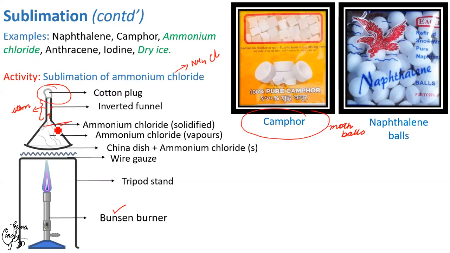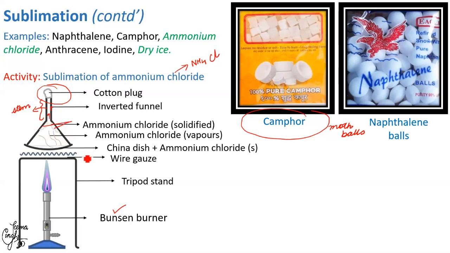And why do they convert into solid ammonium chloride? This is because they come in contact with the cold inner walls of the funnel, and thus the vapors convert into solid without passing into the liquid state. We can see here ammonium chloride has undergone sublimation on heating, converting directly into gaseous phase, and on cooling the vapors again converted into solid ammonium chloride.